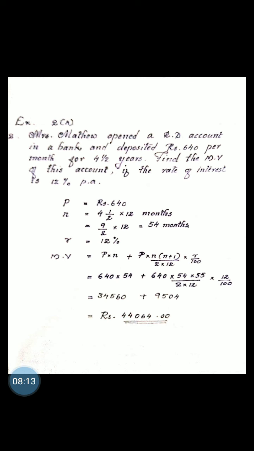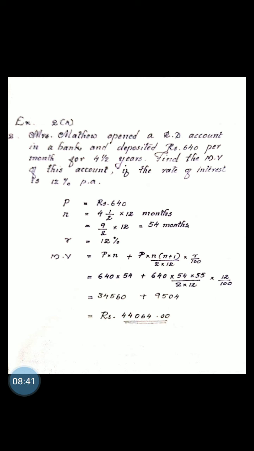So, 640 into 54 is 34,560 plus, when you simplify this term, that is 640 into 54 into 55 by 2 into 12 into 12 by 100, you will get 9,504.